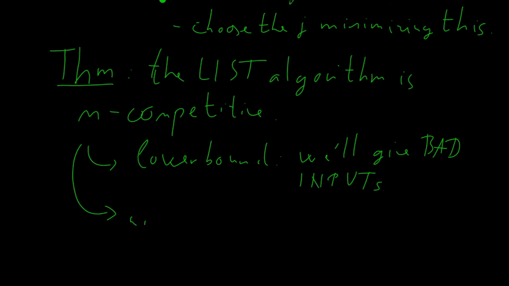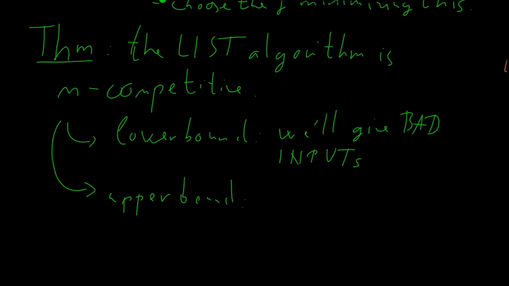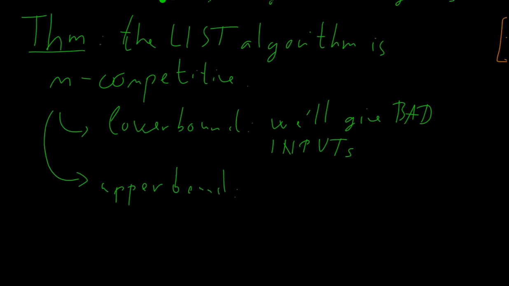For the upper bound, we prove m-competitiveness for each possible input. So we prove L divided by L star is at most m as usual. L will denote the value of the solution produced by the list algorithm, and L star is just the optimal cost.